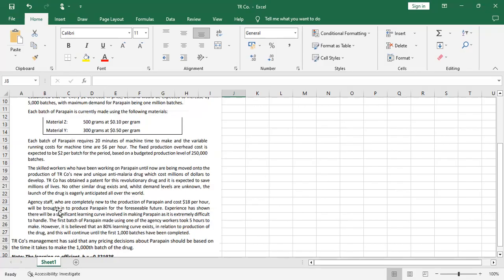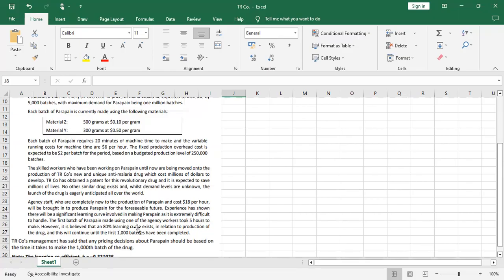Agency staff who are completely new to the production of paraffin cost $18 per hour. Now this labor cost will be incurred in producing paraffin for the foreseeable future. Experience has shown there will be a significant learning curve involved in making paraffin as it is extremely difficult to handle.